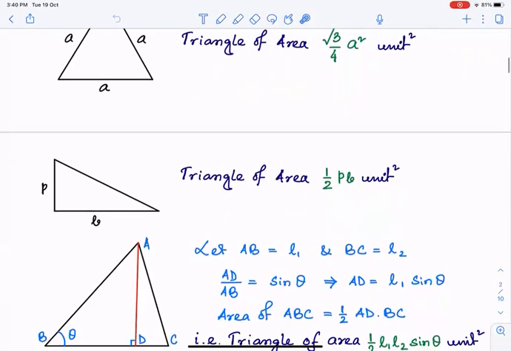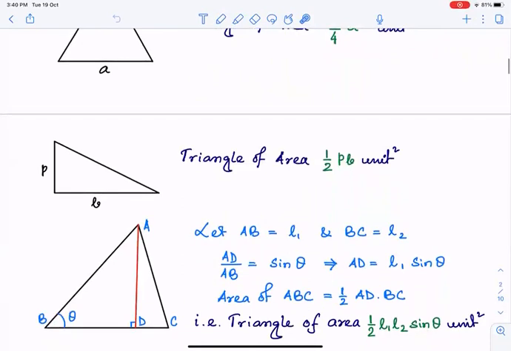If I consider such a triangle ABC, where the angle between AB and BC is theta, in that case, if AB is given as L1 and BC is given as L2, then as per the right triangle trigonometry, AD by AB is sine theta, right?